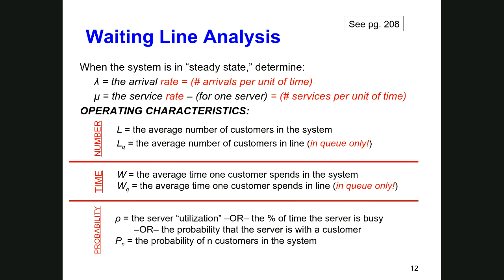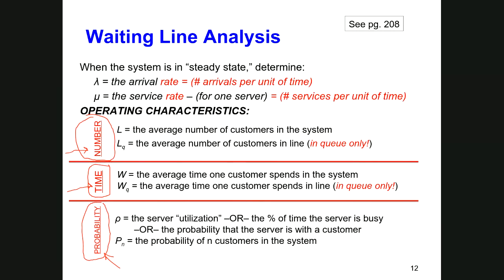And again, these fall into 3 general categories. We'll be able to talk about the number of customers in our service, the time they spend in our service, or we're going to be able to answer some probability questions about our service process and our waiting line.